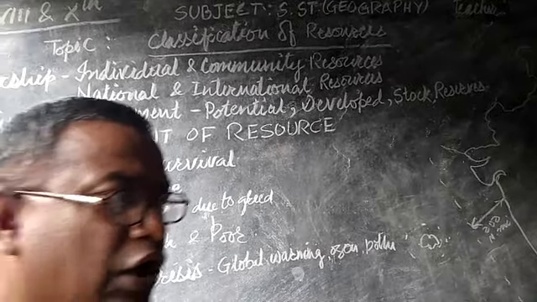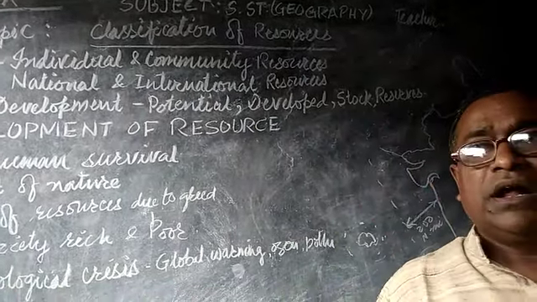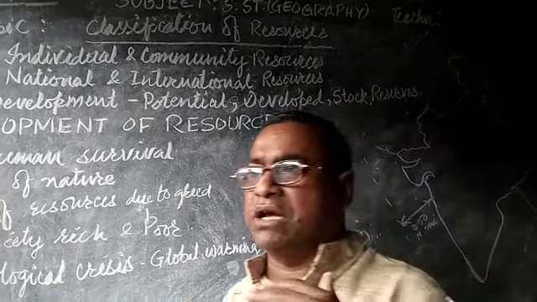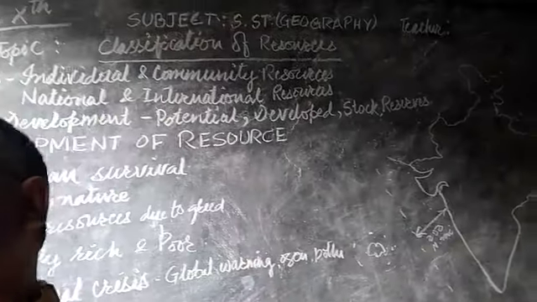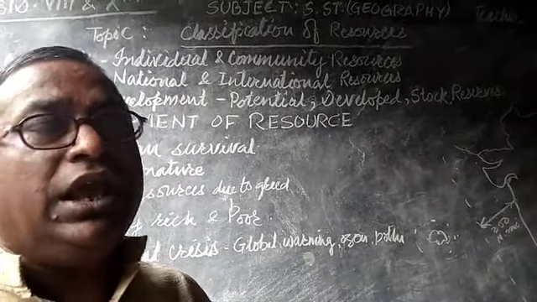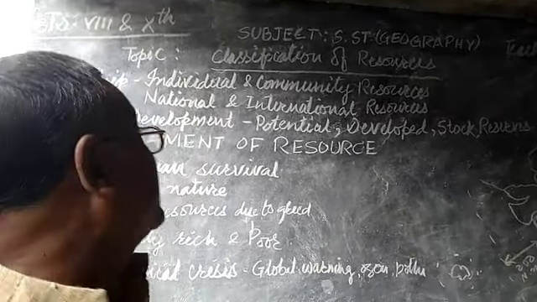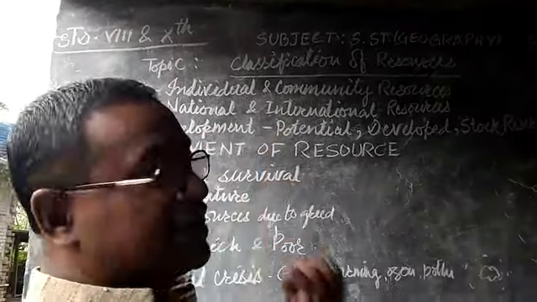They are not utilized by society in the present scenario, but if technology develops or economic sufficiency grows, under that condition these resources can be utilized by the nation. So these are considered potential resources.